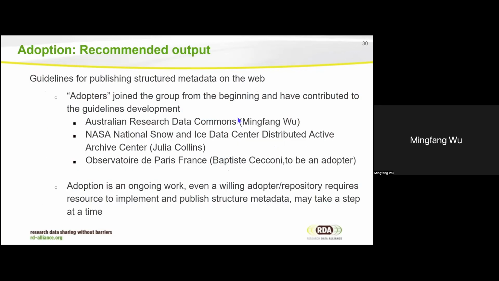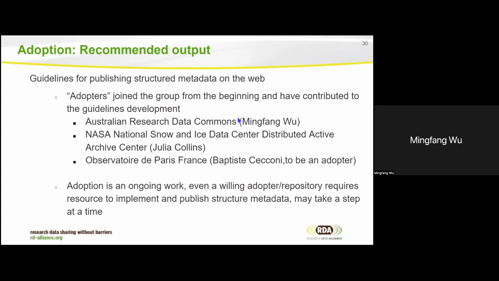And adoption for the guideline. The adopters joined the group from the beginning and contributed to the guideline development. Adopters, for example, the ARDC through my participation, the NASA National Snow and Ice Data Center through Julia Collins, and Observatoire de Paris through Baptiste.